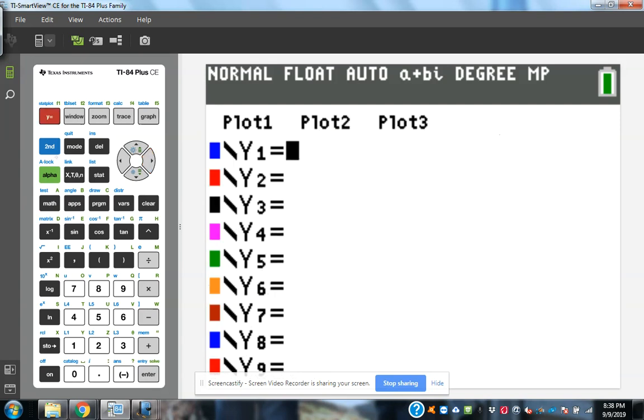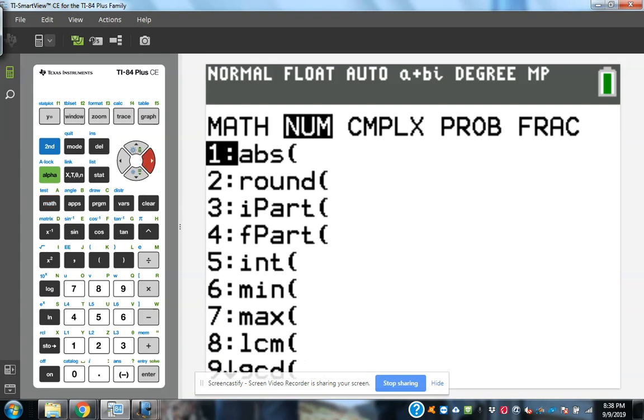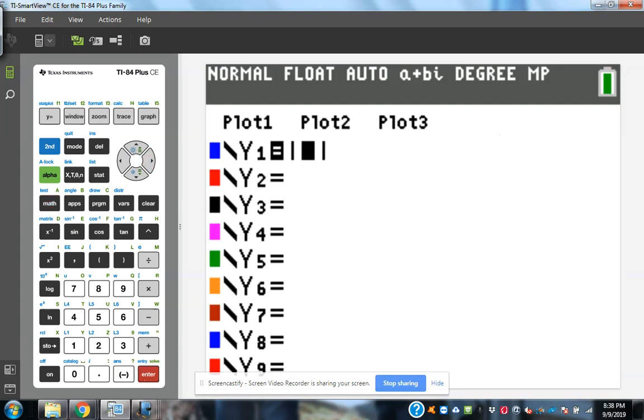I hit the math button, which is right underneath the green alpha button, and then I take the absolute value of a number, first option, and it puts the absolute value marks in there. If you've got the most up-to-date operating system, which I think is 2.55 on the graphing calculator, it'll do that. If you don't, maybe next week, or we can update those. The TI board you can update, so we'll be able to do that next week.